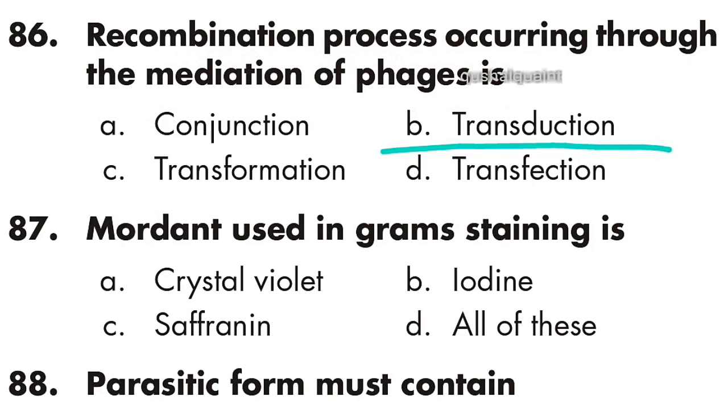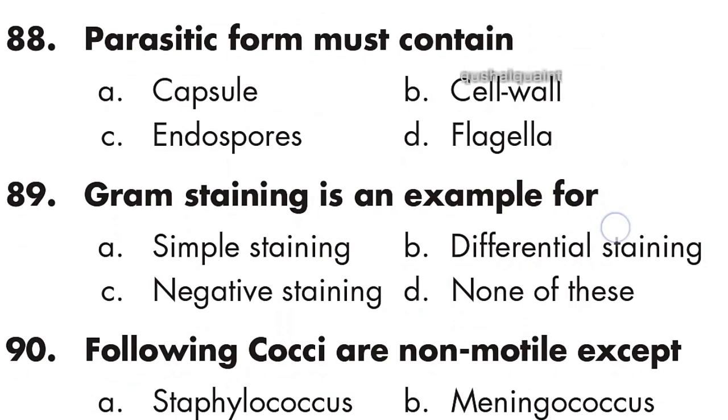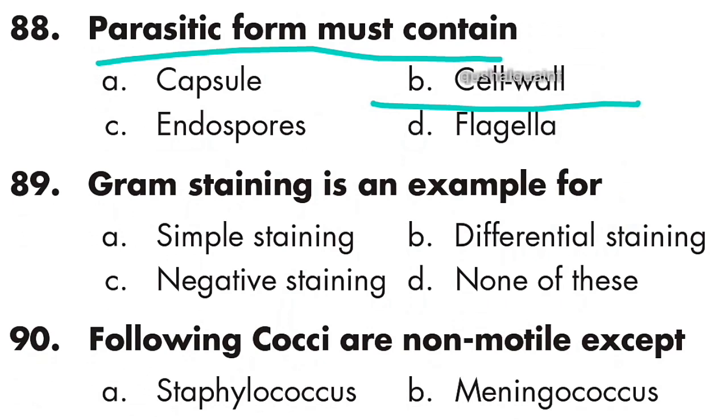Option B is right, transduction. Question 87: the mordant used in gram staining is iodine. Option B is right, iodine. Question 88: a parasite form must contain a cell wall. Option B is right.